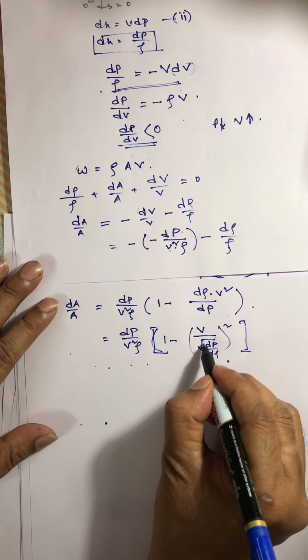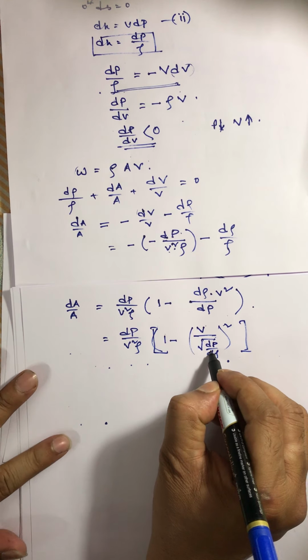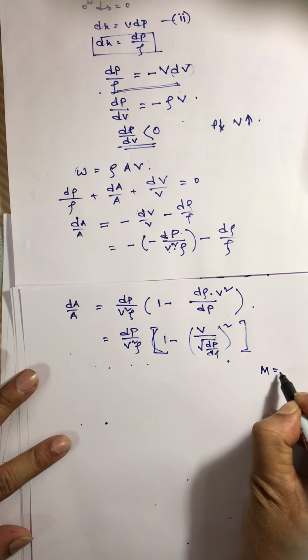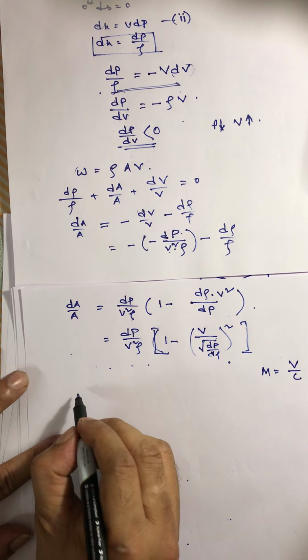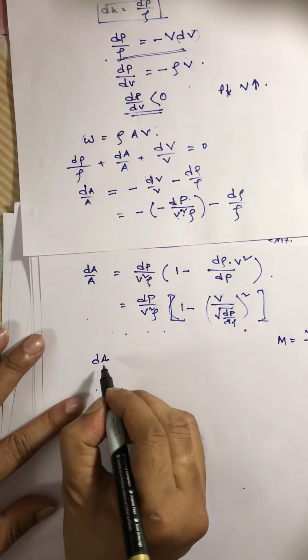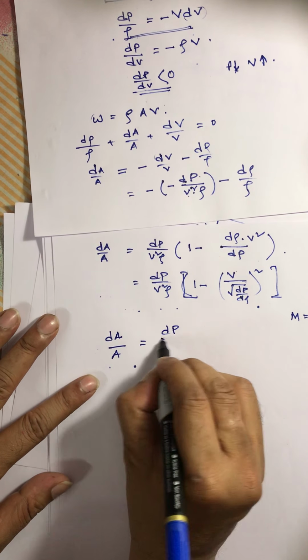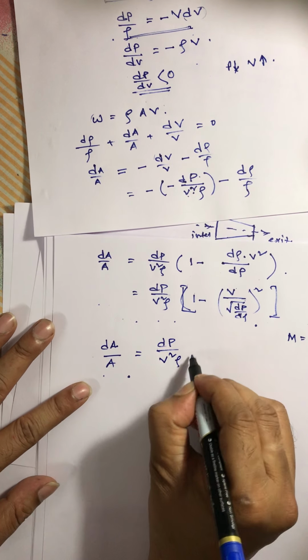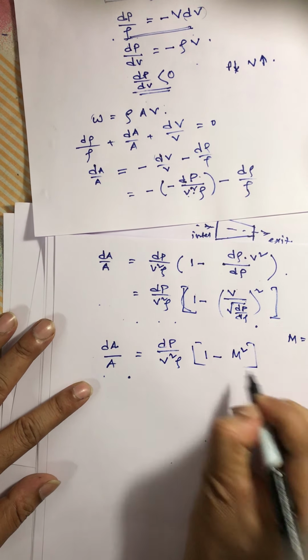So, this one is C. So, V by C is nothing but the Mach number. So, Mach number is equal to V by C. So, we can write this equation dA by A is equal to dP by V square rho, third bracket 1 minus M square.